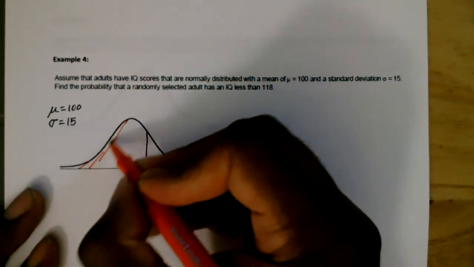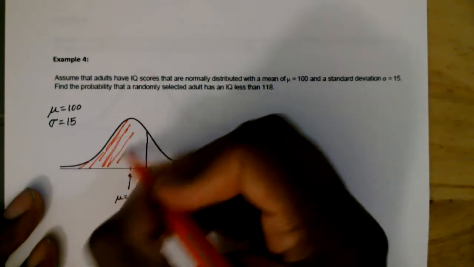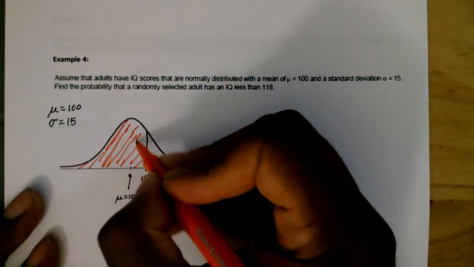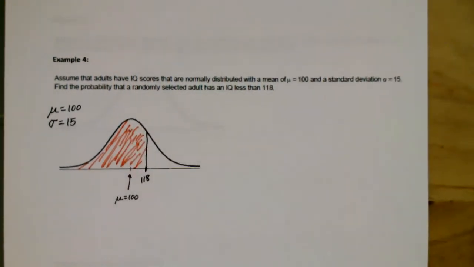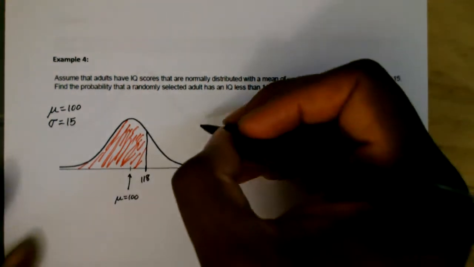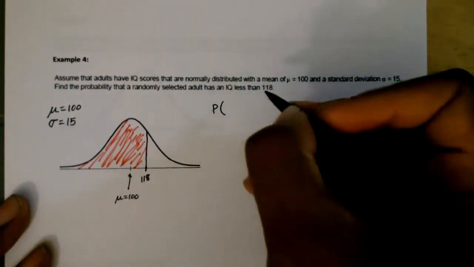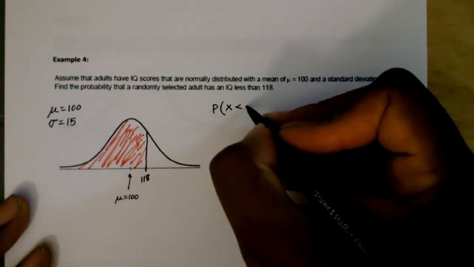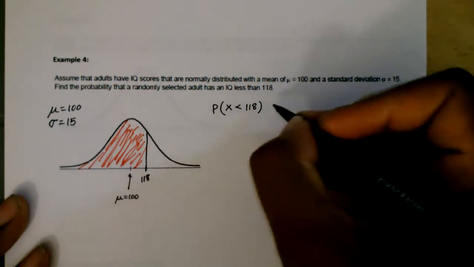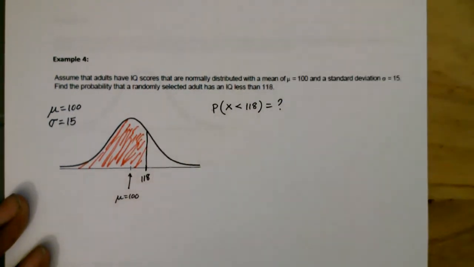I'm going to shade this in red. So that's the shaded area to the left. That's what we're looking for here. In other words, we're going to find the probability that X is less than 118. That's what we're looking for.